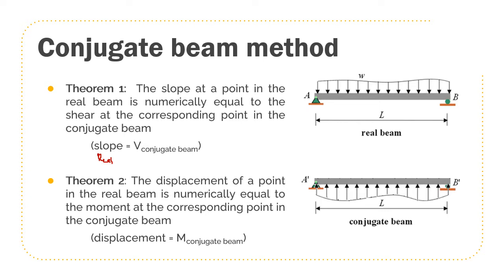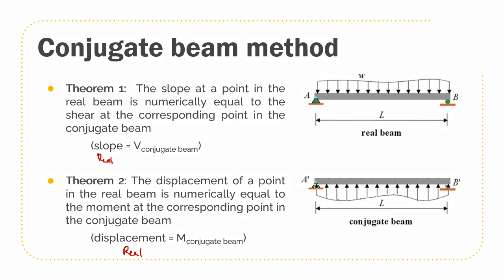And whenever you want to find the displacement on your real beam, you basically have to find the moment on your conjugate beam. Recall the previous slide on the similarity between the moment and the displacement, and the shear and the slope. This is the theorem that we are going to use.